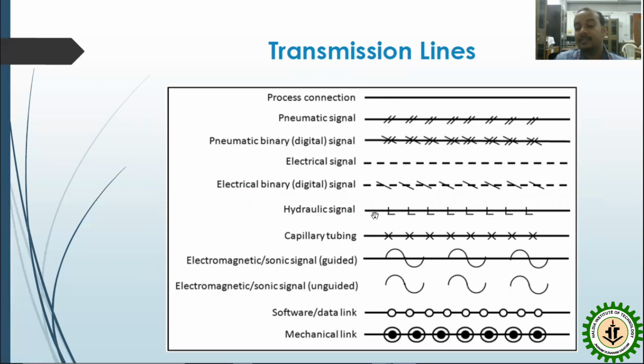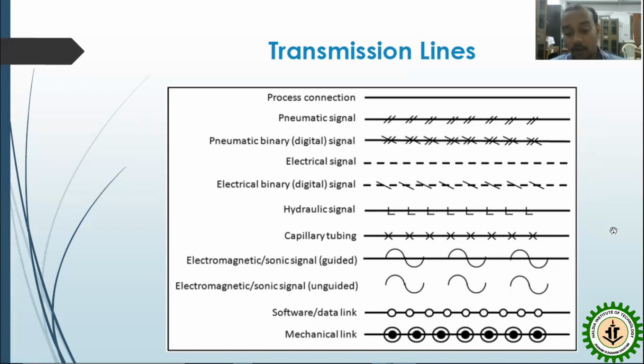The hydraulic signal is represented like this. The capillary tubing will be represented like this symbolic representation. An electromagnetic signal will be a continuous line, after which a sinusoid-type representation needs to be provided, through which we get the information that it is an electromagnetic signal.